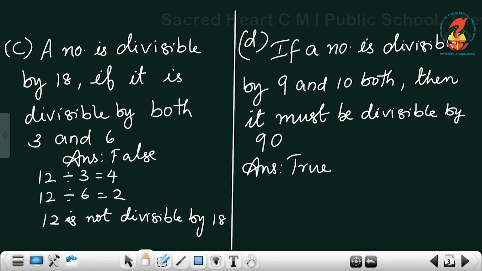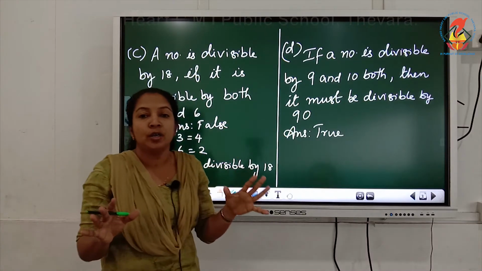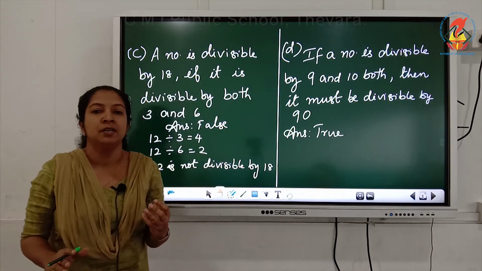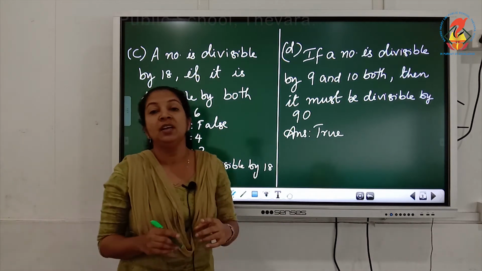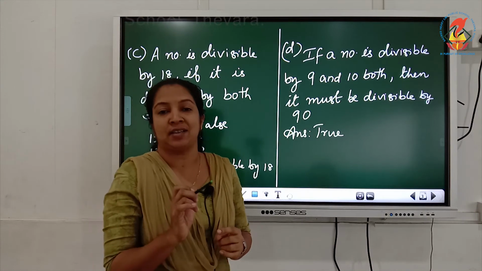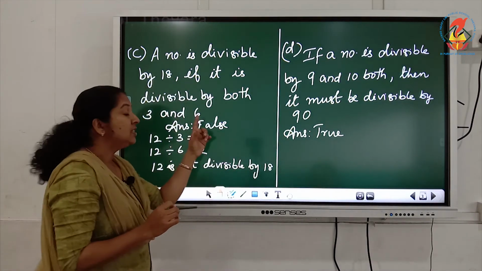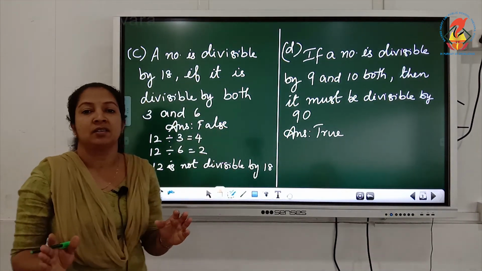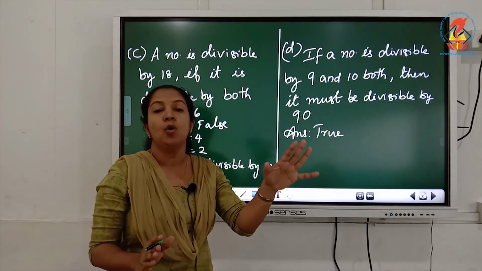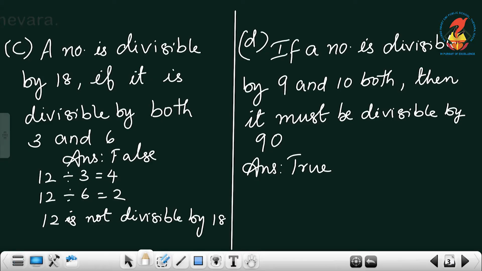But here what is given is, it is divisible by 3 and 6, and 3 and 6 are not co-prime. What do you mean by co-prime numbers? Numbers that have only 1 as the common factor. But here 3 and 6, 3 is the common factor. So these two are not co-prime. So the statement is false.